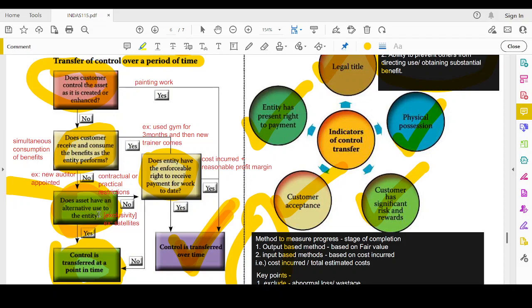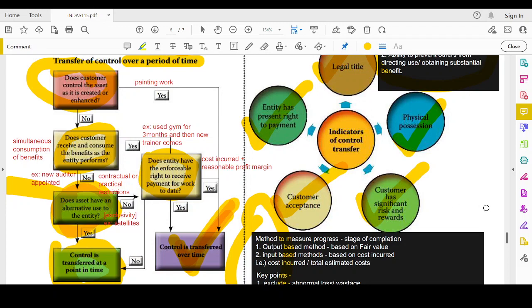Which means that if the customer controls the asset as it is created or enhanced, or if the customer receives simultaneous consumption of benefits, or if the asset does not have an alternative use to the entity, any of these three conditions, plus the entity having an enforceable right to receive payment for the work completed till date, equals control transferred over a period of time. If none of these conditions are satisfied, it will be treated as control transferred at a point in time. Any other scenario will result in control being transferred at a point in time.